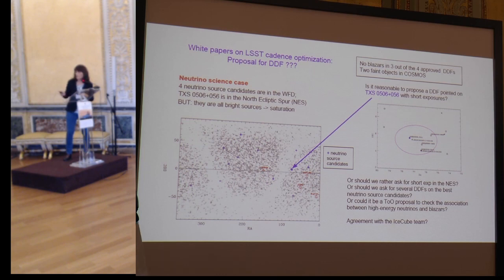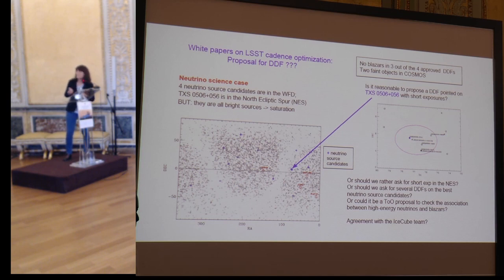So if you look at this map here, the blue plus signs indicate the neutrino source candidates. There will be 4 of them in the main survey, and 1, TXS, in the north ecliptic spur.